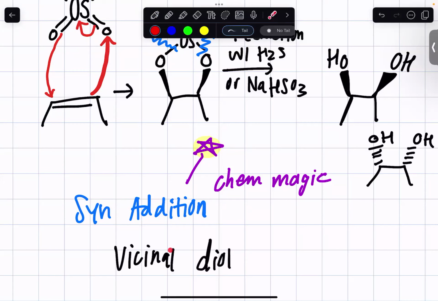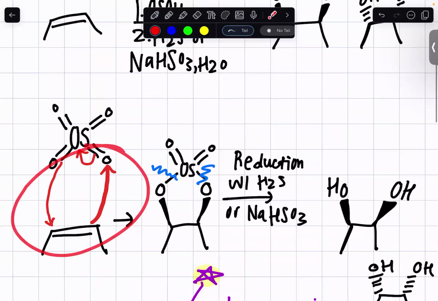Vicinal meaning that the two alcohols are adjacent to each other. Diol meaning that there are two alcohols there. So that is the dihydroxylation mechanism that could be tested. But the second step here, we don't need to worry about.